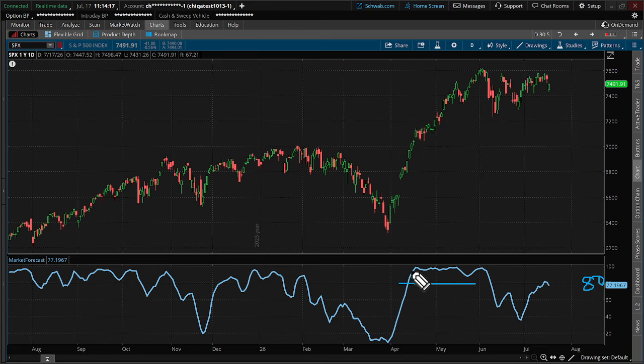Anytime you're above that, regardless of the direction of the line, you can see this line is a little bit choppy, but regardless of anything going on with this line, and if we just draw a single line coming up right along this range here, you can see we got an initial signal somewhere in here when we began to cross above this 80 level. So there is a little bit of that correlation, as you can see, coming in right at that point.